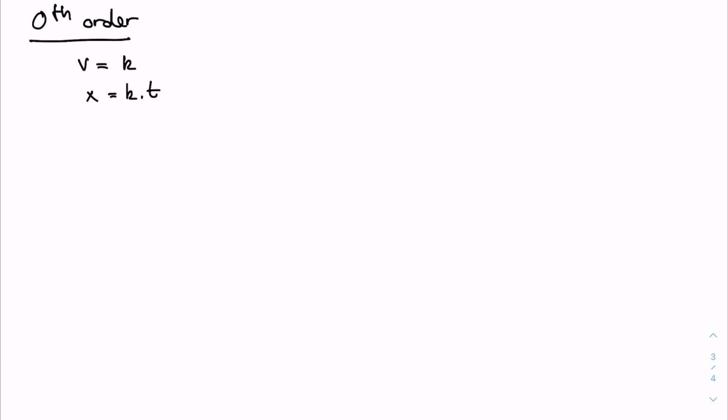It will be linear, right? So if we measure some concentration versus time, we'll just get a straight line that does not depend on the concentration of any of your species. Okay, that's simple.